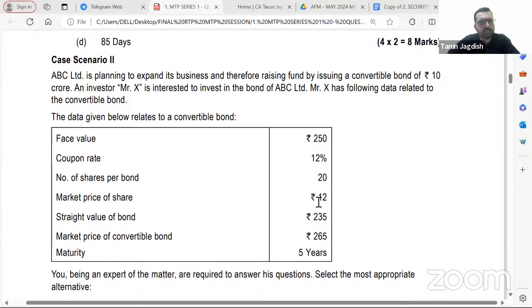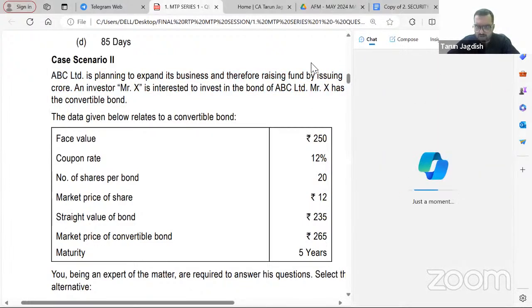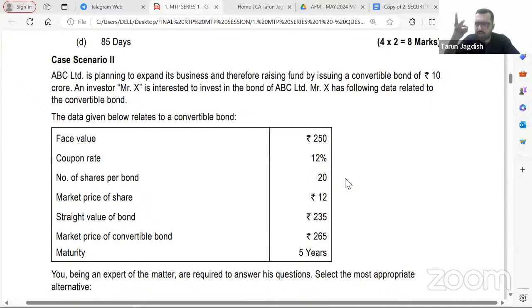Sir, I have a doubt. In certain sums, when we are finding out the premium or the percentage of increase or decrease, for example in sensitivity, we take the base as the point from where the price has fallen or increased, right? But here, in certain cases, I'm getting confused as to what to be taken. I'll tell you. Here, when you say premium over straight value, it means from the base of 235, how much premium is your bond offering you.